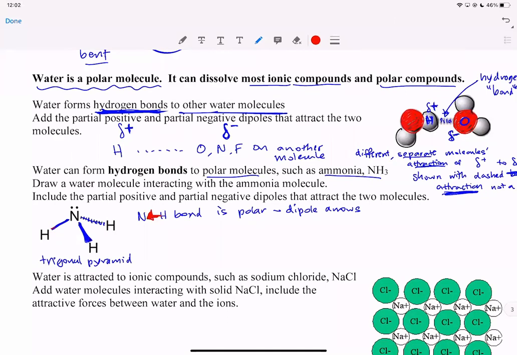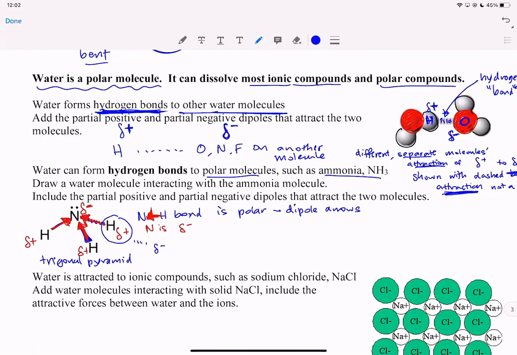And that means that the nitrogen is the partial negative atom in the bond, because the nitrogen has the electrons more of the time, because nitrogen is the more electronegative atom. And so that means also that the partial positives are the other end of the arrow, the hydrogens.